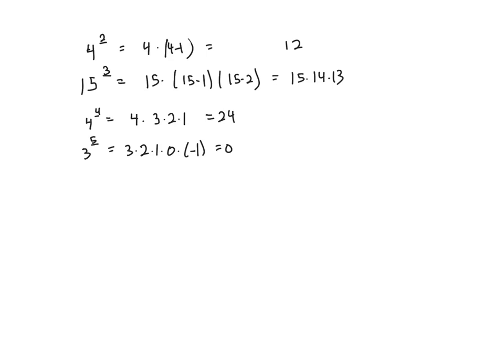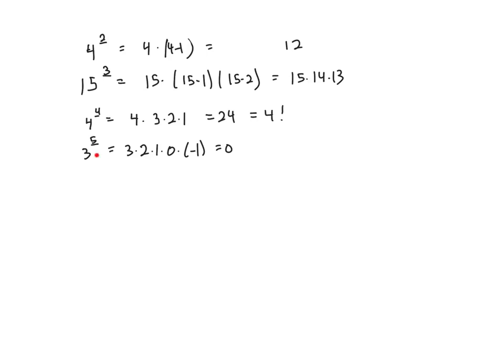So that's 15 times 14 times 13. Now you start to see the pattern. You start with this number, and you keep decreasing it by 1. You multiply all these numbers together, and the number of terms in this product is 3. So 4 falling 4 should be 4, 3, 2, 1. That's 24. In this case, that actually is 4 factorial, as it should be.